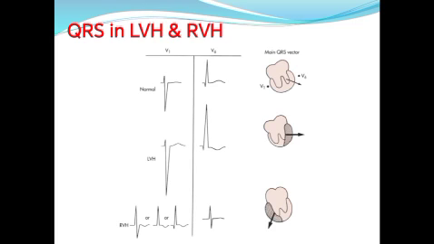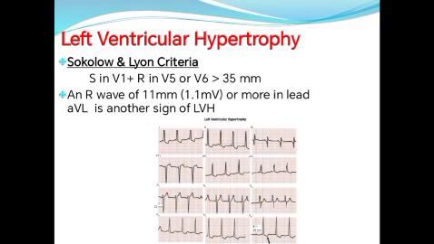And we also have an S wave in V6. This indicates right ventricular hypertrophy. It is in a very simple way.